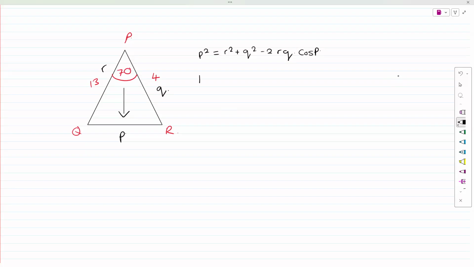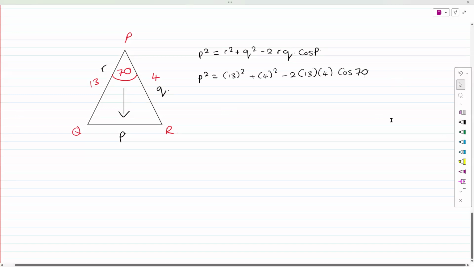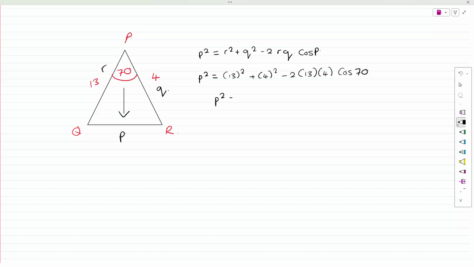If we solve this, this is the one you can put straight into the calculator if you wanted to, but it's up to you guys. That's 13 squared plus 4 squared minus 2 into 13 into 4, and that's cos of 70. This can go straight into the calculator, no problems, to be honest, but we end up with P squared equals. Now, guys, don't make mistakes.